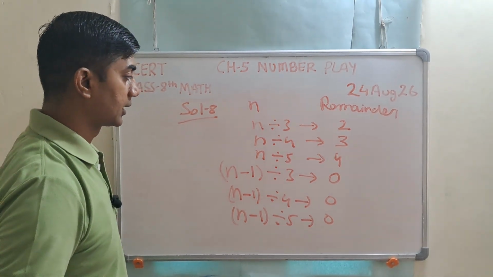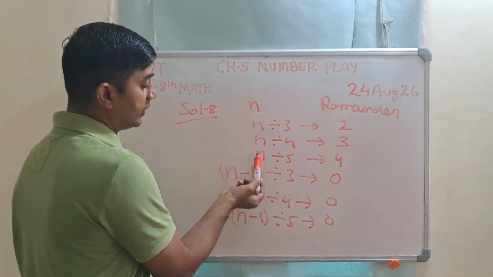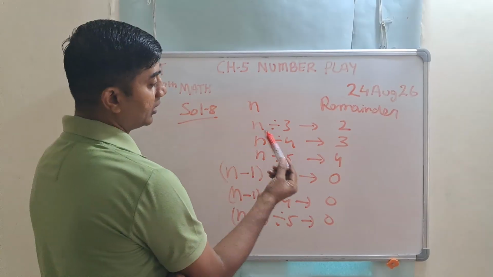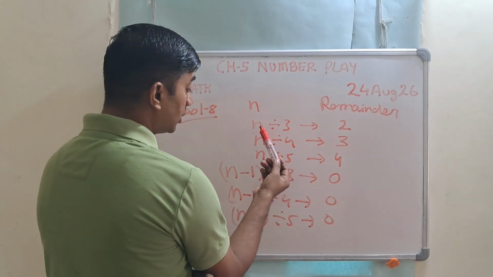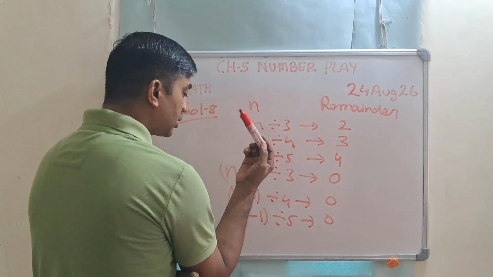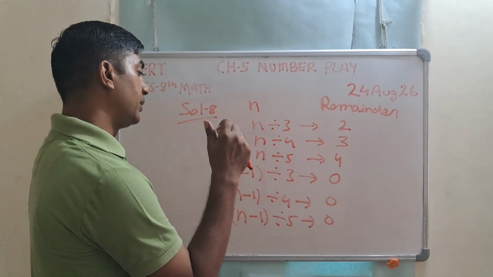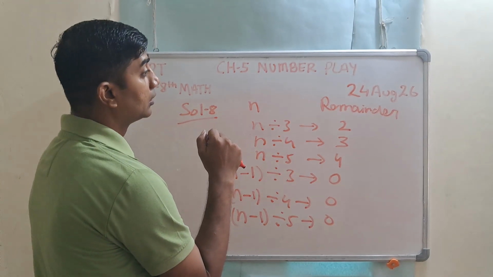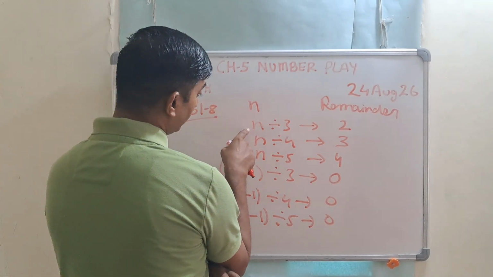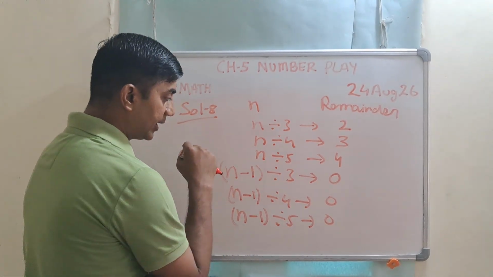How? Now see, this is the particular number. To complete it so that it will be divisible by 5, what do we have to do?